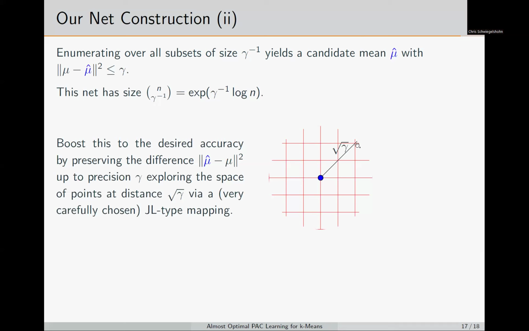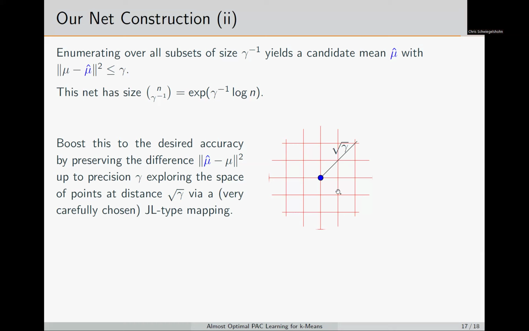But we don't have to do this to a very precise degree. The nice thing is that we only need an additive error of square root of gamma, because these two errors, the gamma coming from this term here and the gamma coming from Johnson-Lindenstrauss, turn out, with a very careful analysis, to multiply instead of adding up.